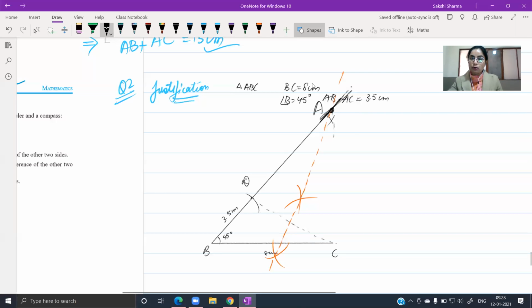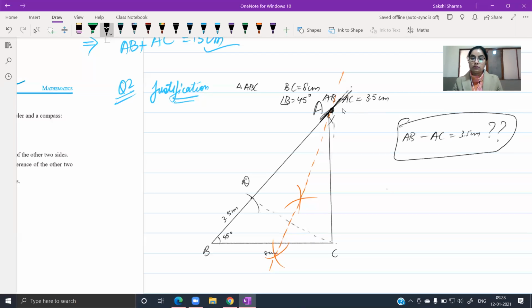And then you complete your triangle by joining point A with point C. And how do we know कि AB और AC का जो difference होगा वो 3.5 centimeters होगा? This is what you want to prove. कि आपने जो इतना काम किया उसके बाद ये चीज definitely होने वाली है.